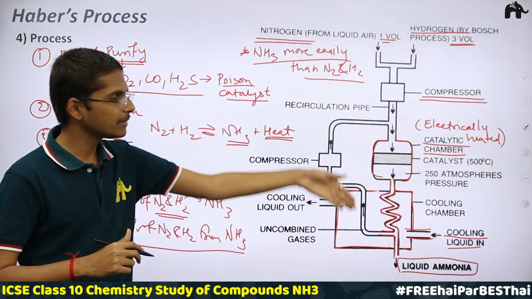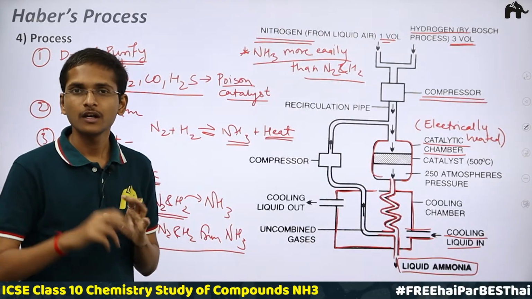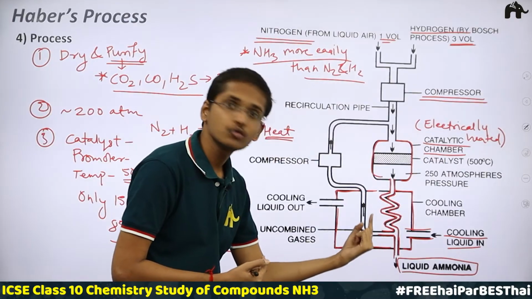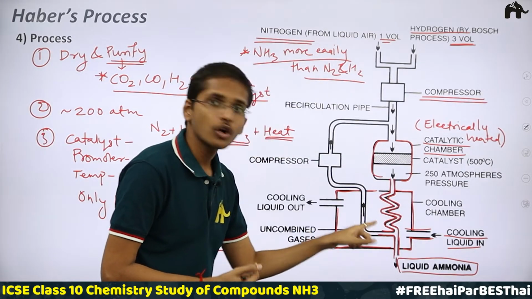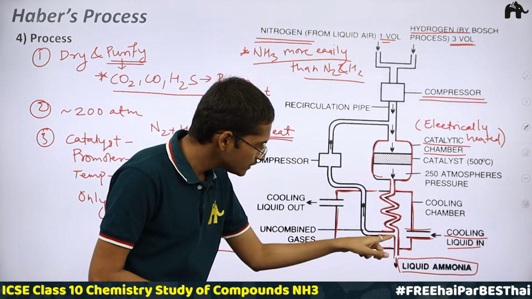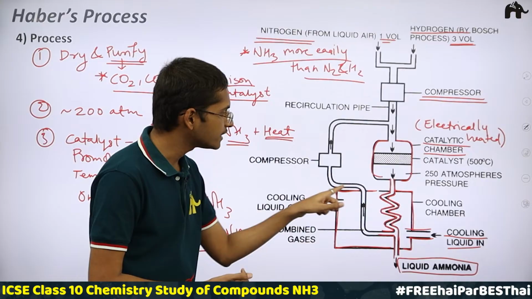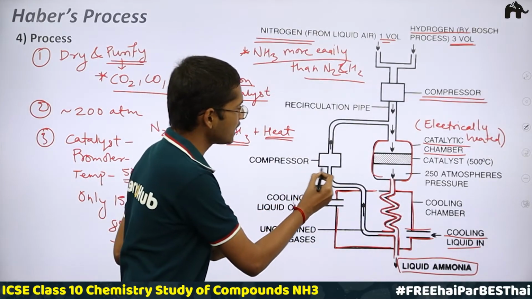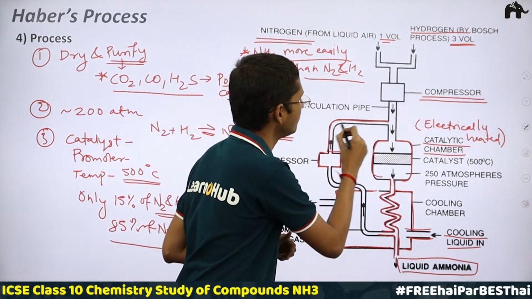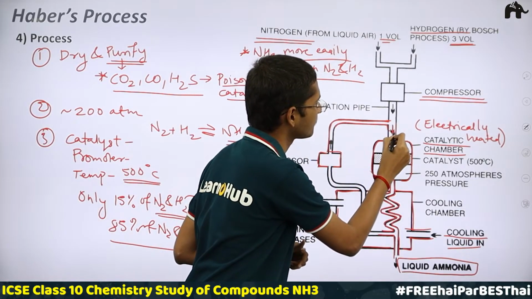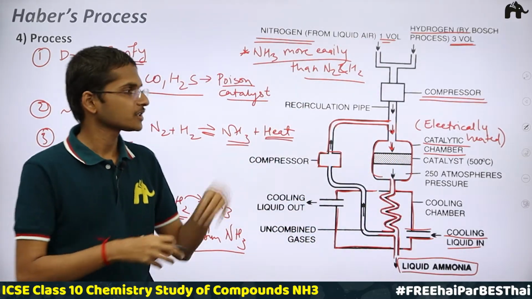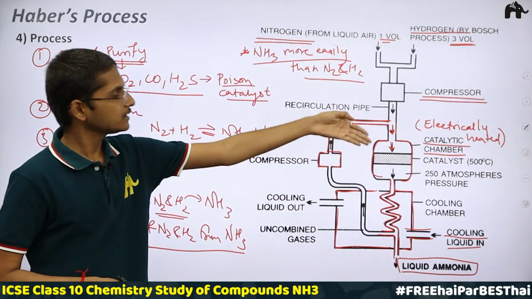But this is just a single passage of N2 and H2. The remaining N2 and H2 gases in these cooling pipes are not liquefied, because they do not get liquefied easily, so they remain in the gaseous state. What we do is allow them to get recirculated in this way, and pass them again through the compressor so that they get compressed, and then make them enter the catalytic chamber again, so that the unreacted N2 and H2 react and form ammonia, and the same process is repeated.